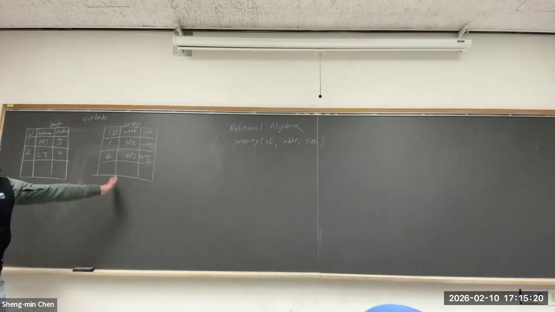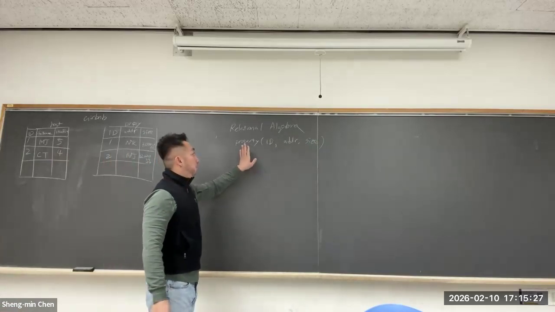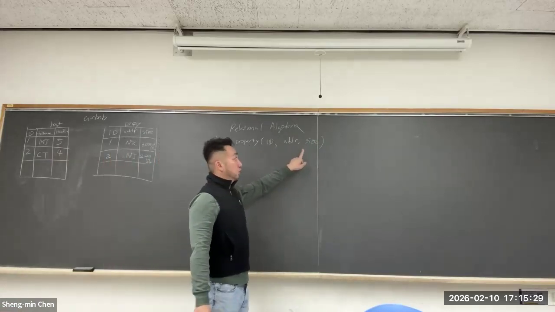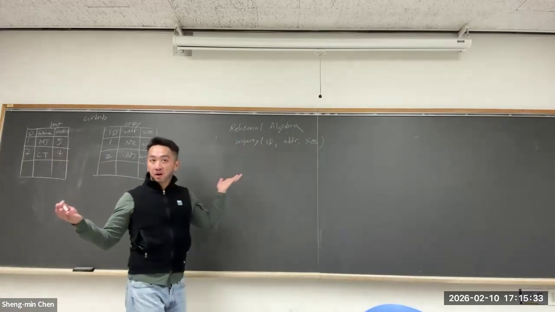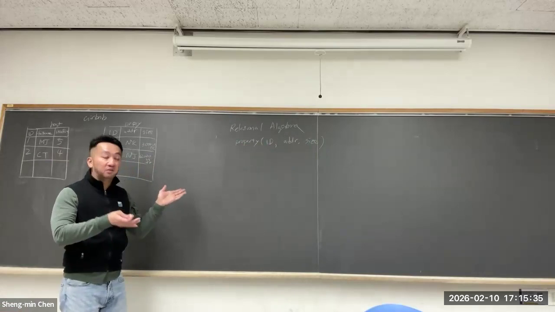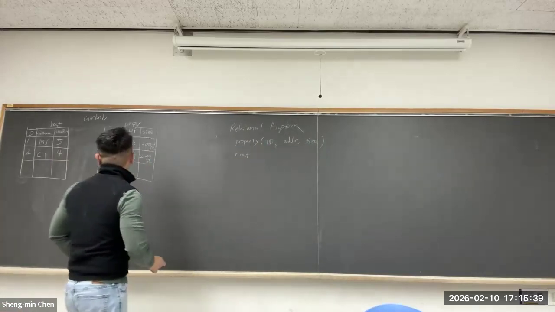It's easier than writing out a table and drawing it out and everything. This tells you that I am now talking about a table that has these three properties. Simple, right? We can keep the good part of relational algebra here.